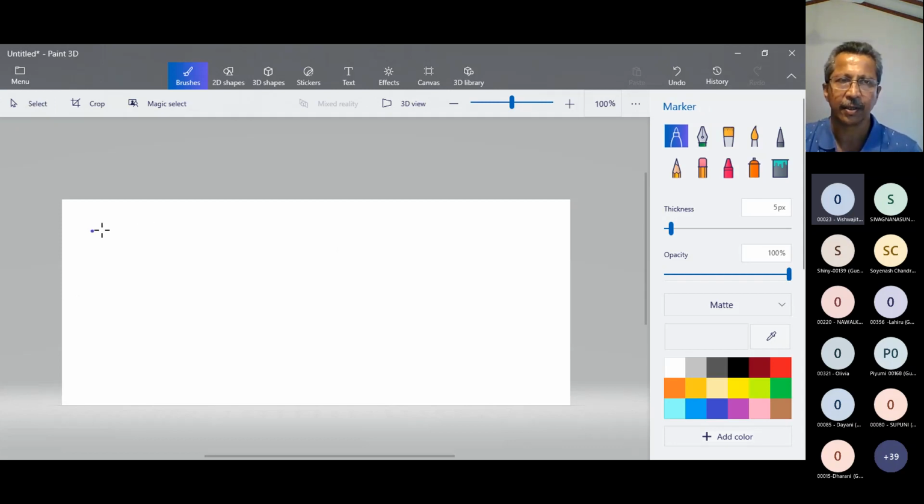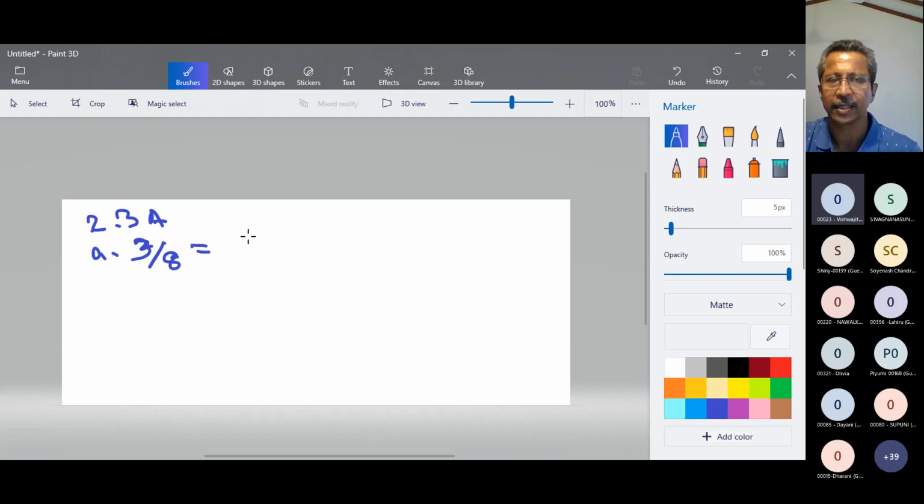Example 2.3a. We were asked: 3 divided by 8, convert to a percentage. So 3 divided by 8, first we'll make it a decimal.